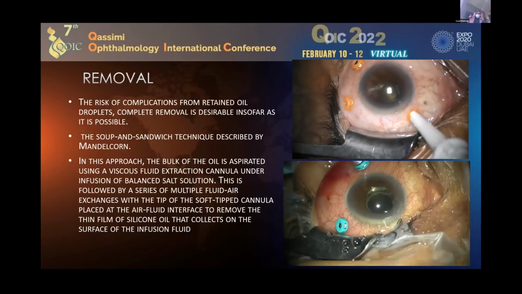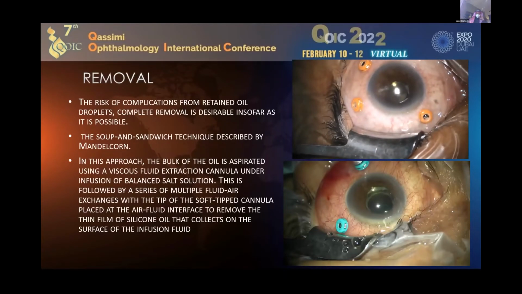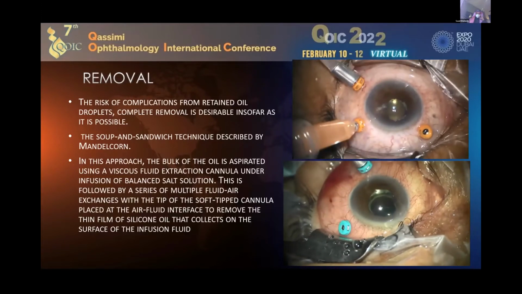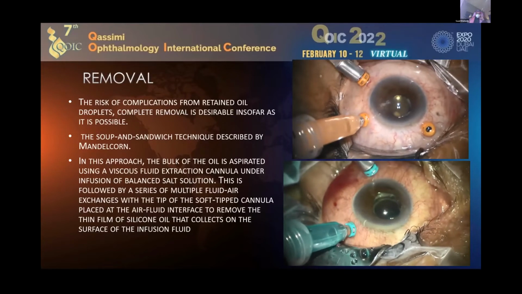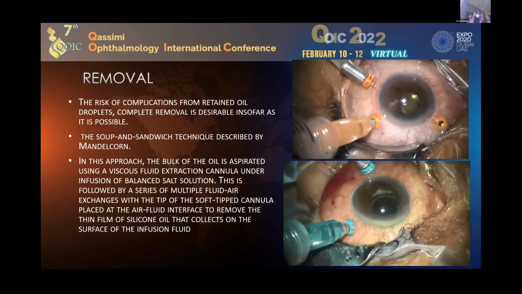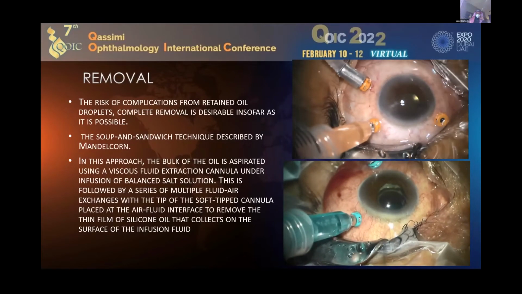So now finally, removing oil. There are different ways of removing oil. You can do it blindly, just by 2 ports, and definitely a lot of surgeons advocate that. I personally like to see it as I remove it, and the classic technique popularized by Mandukon is the soap and sandwich. You do multiple air fluid exchanges.